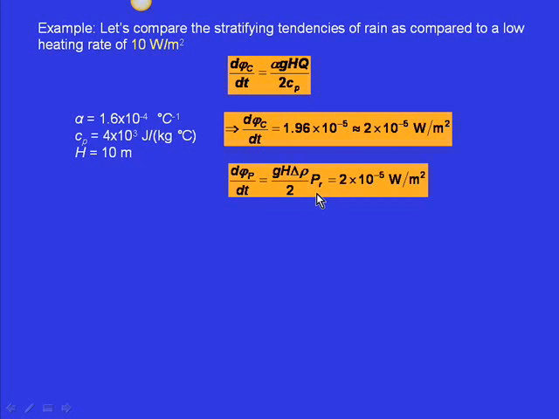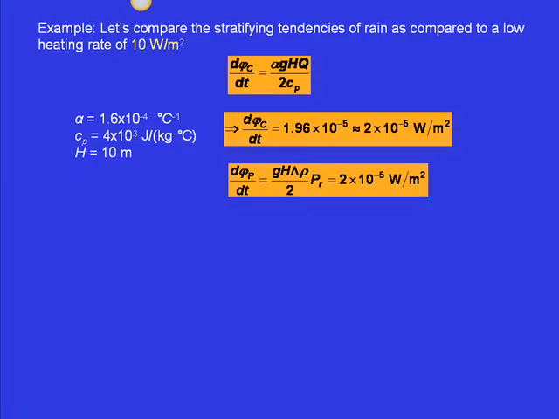This is the precipitation rate, which is what we're looking for. We know that the stratifying power is 2 times 10 to the minus 5. So using h of 10, g is also order 10. And delta rho, what value would you use between the rainwater and the ocean water?